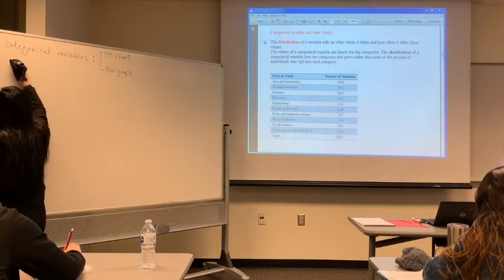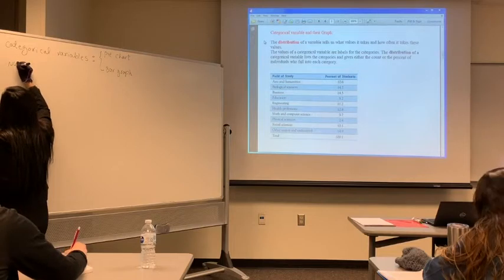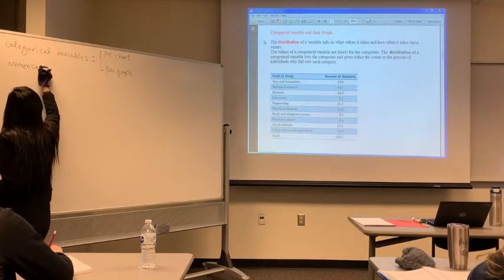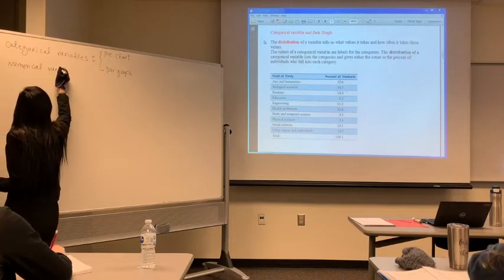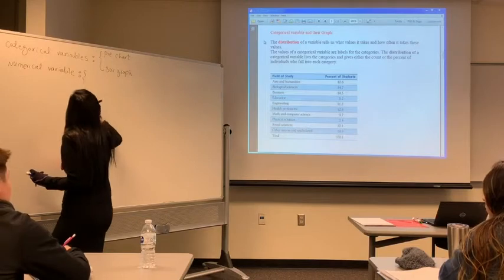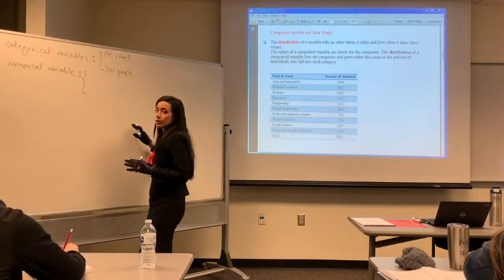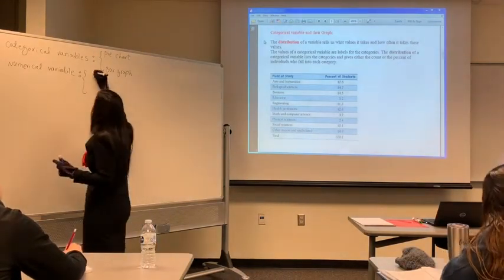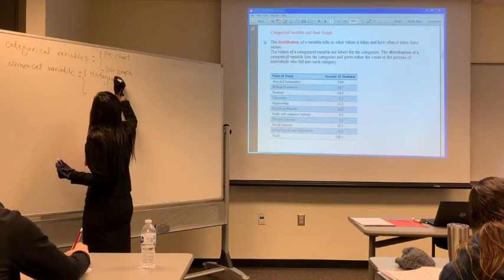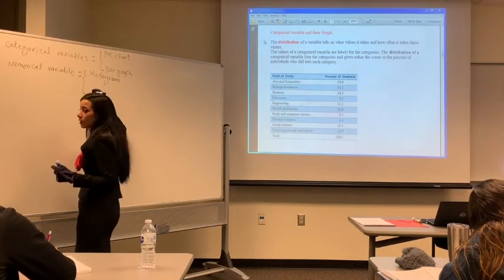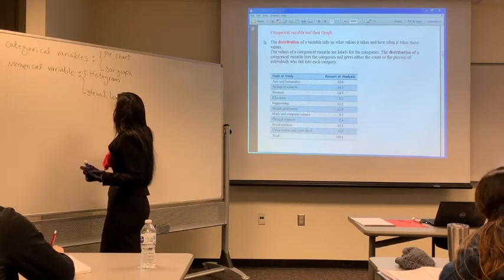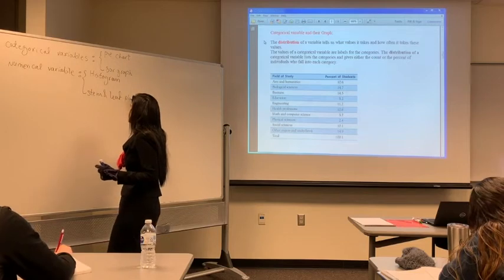So a numerical or quantitative variable can be shown with two graphs. In this class we are going to learn about the histogram and the stem and leaf plot.